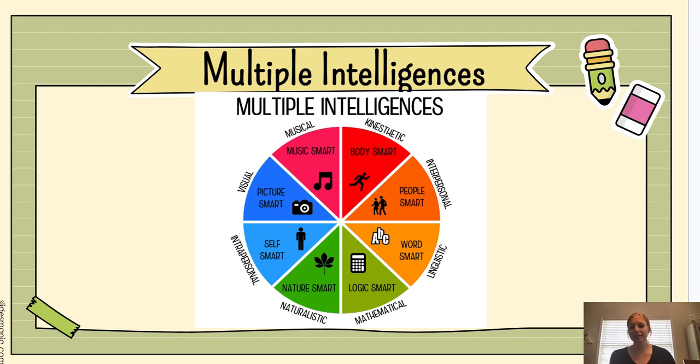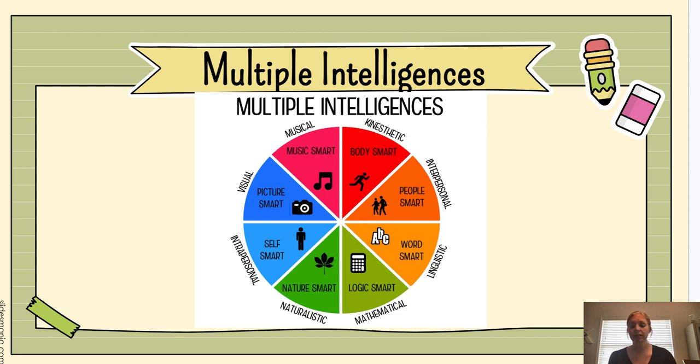But you really want to be able to adapt your lessons to reach all of your students. So just like now, I'm talking through all of these multiple intelligences, but you can also see it visually on your screen. So I'm reaching those visual and auditory learners, not kinesthetic, just by talking and having a visual representation.